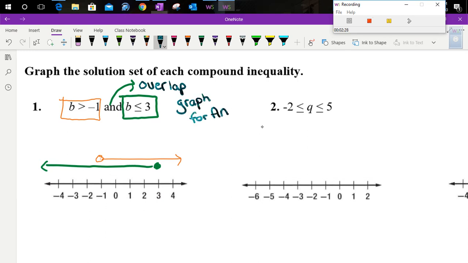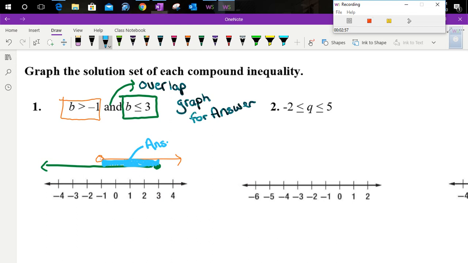So when we take a look at this, we look at where these two lines overlap. And these two lines start to overlap right here, and then they overlap all the way up to here. So what you see me highlighting here in blue, this is our answer. And that's what we're going to put on our answer graph.